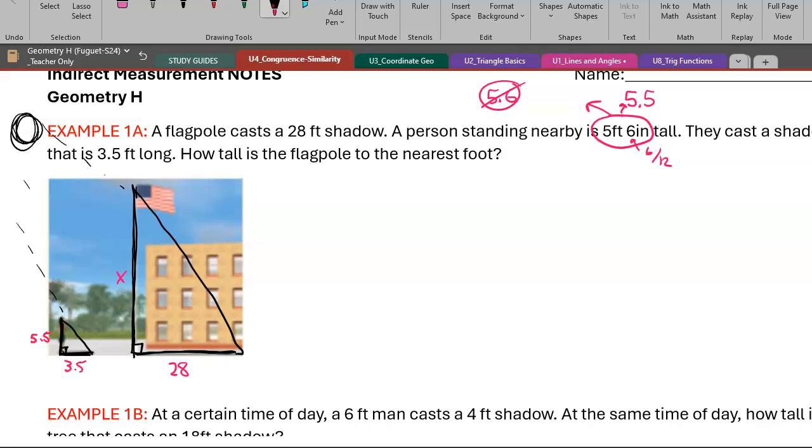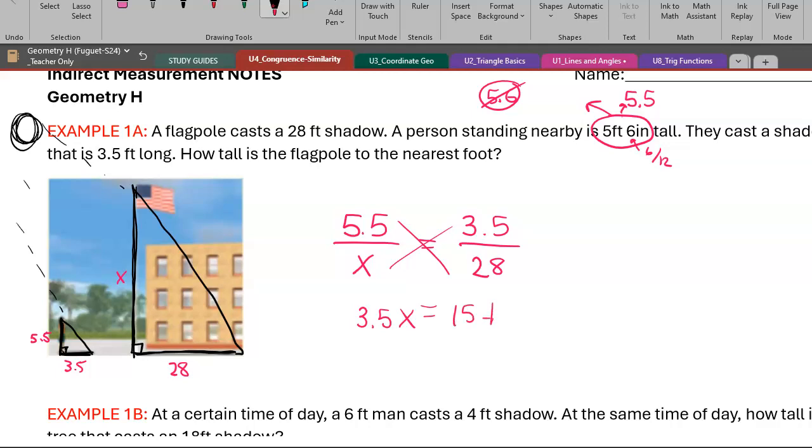Right away we can see our proportion. The height of the person is 5.5. The height of the corresponding flagpole is x. The shadow of the person is 3.5, and the corresponding shadow of the flag is 28. Now we can use cross-multiplying to figure out the exact height of this flagpole. 5.5 times 28 is 154.